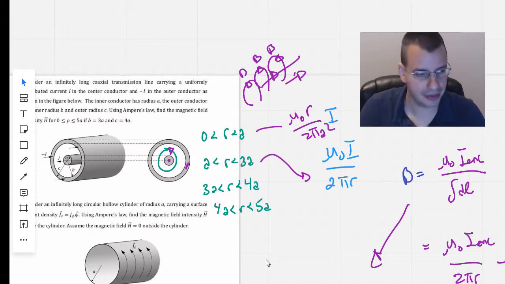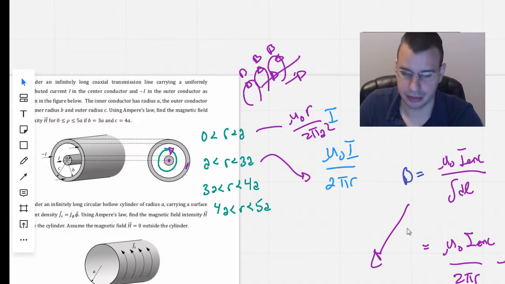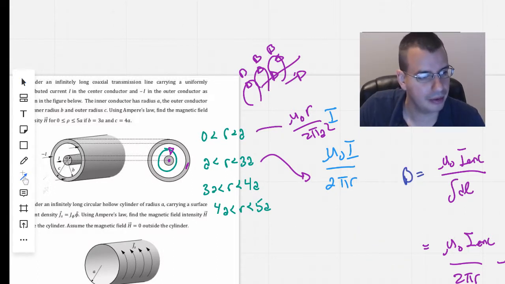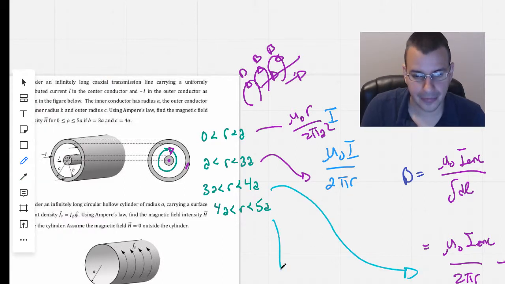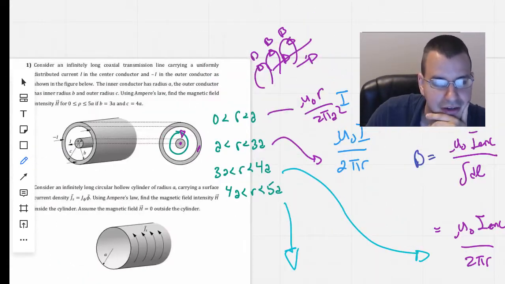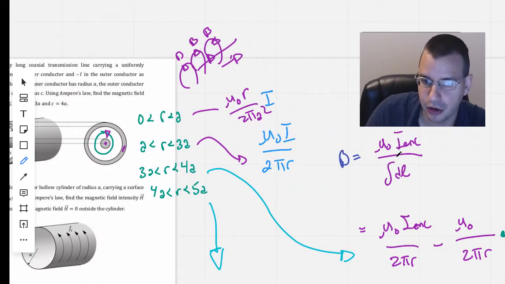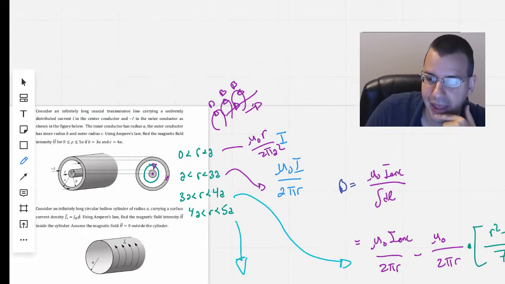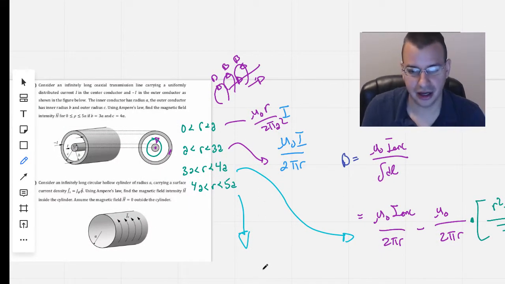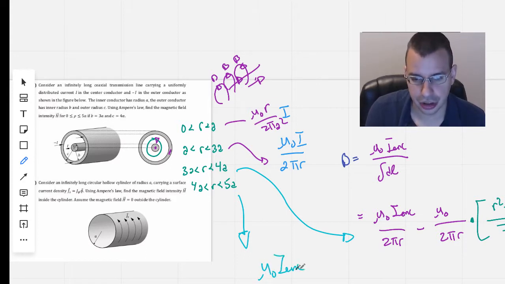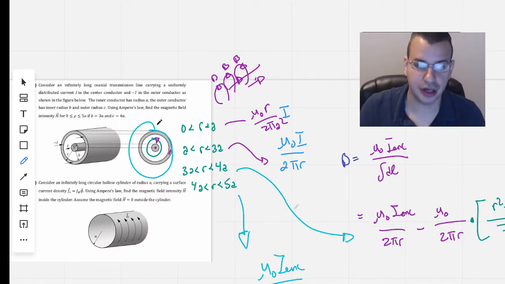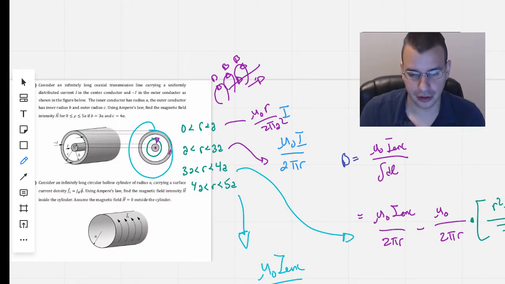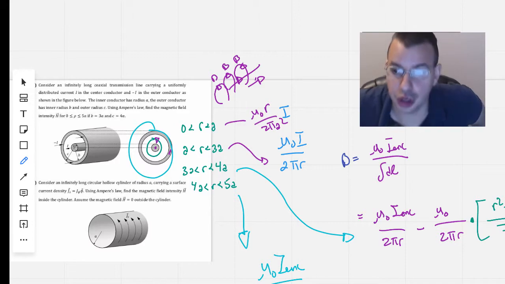Okay, and so that would be the answer. Now the 4a to 5a, we're going to look at the same thing we had over here. We're just going to do the idea of mu naught I enclosed all over the Amperian loop that we draw that encloses everything. It's outside the entire coaxial cable, all over the circumference of said Amperian loop.